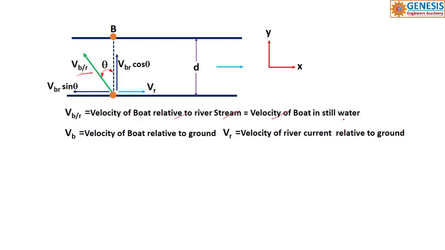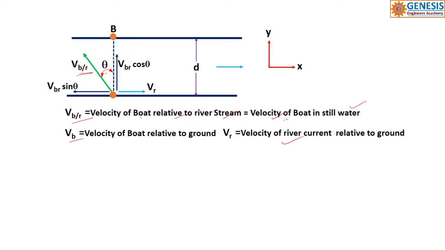That is a relative velocity, not related to the ground. If a single letter is there, then it is relative to the ground, that is absolute. Now this VBR makes an angle theta with the y-axis.